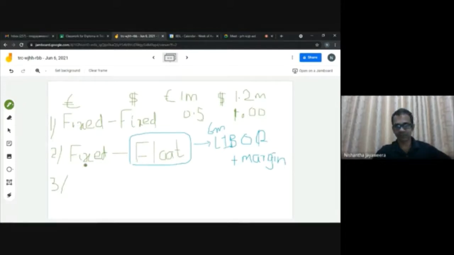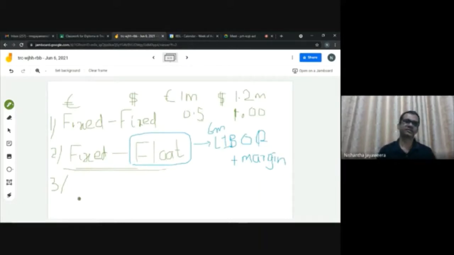On the second option, remember, even though I said euro is fixed, dollar is float, it's not necessary. You can reverse that. That means euro may be at a floating rate and dollar may be at a fixed rate. The interest rate on one currency is fixed while the other currency is floating. That's what is meant by fixed-float.